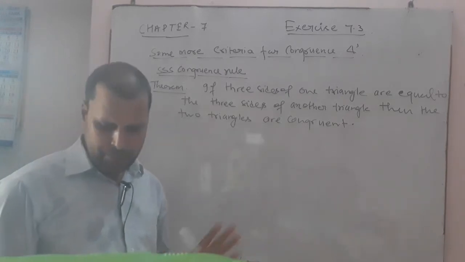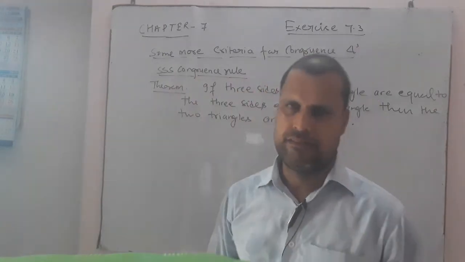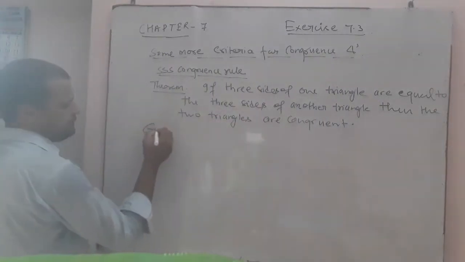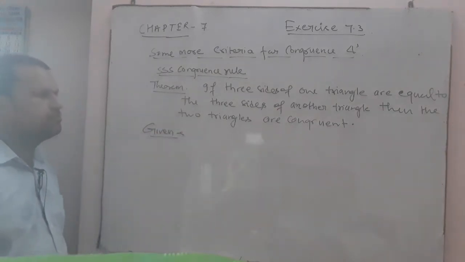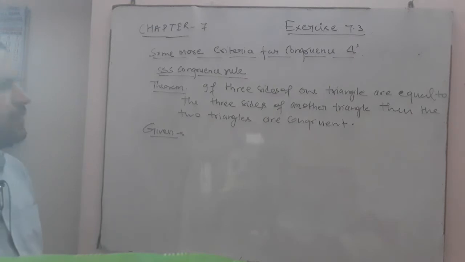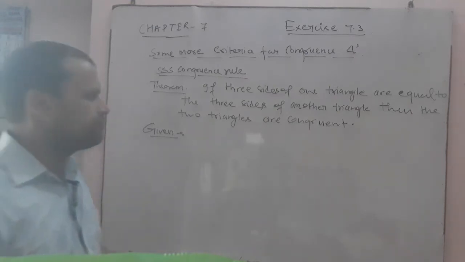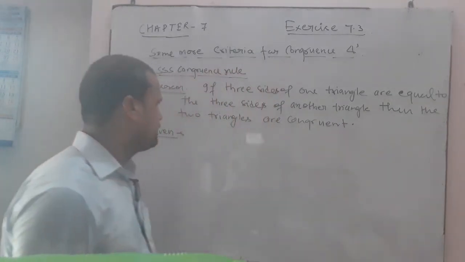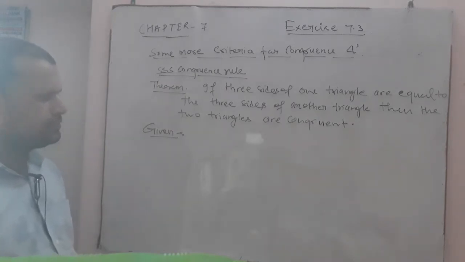To prove this theorem, firstly, what is given in the theorem? If three sides of one triangle are equal to the three sides of another triangle, then the two triangles are congruent.